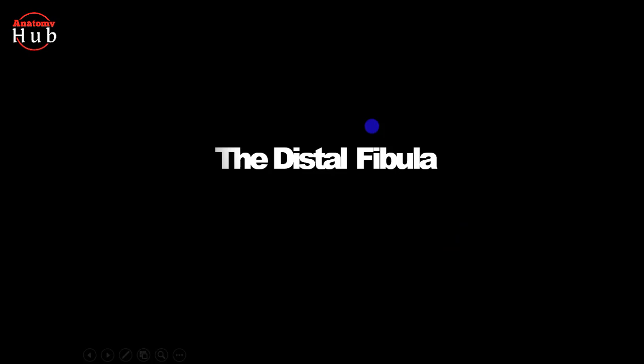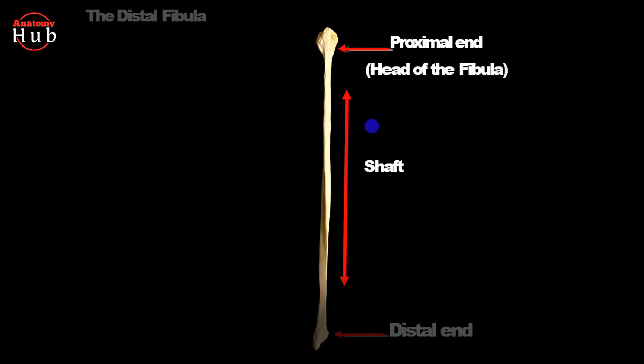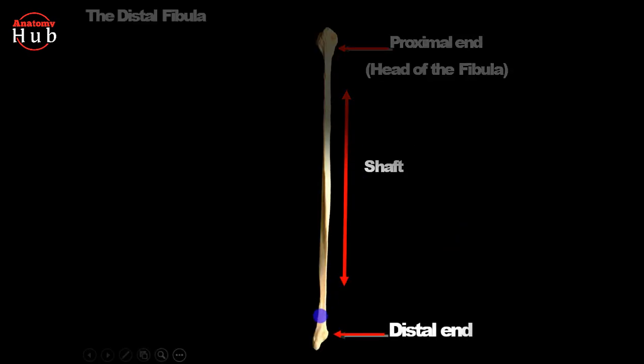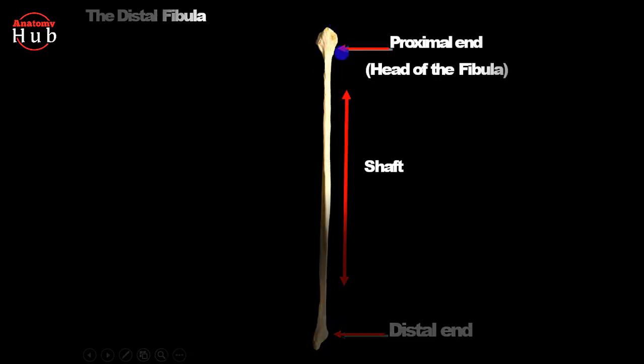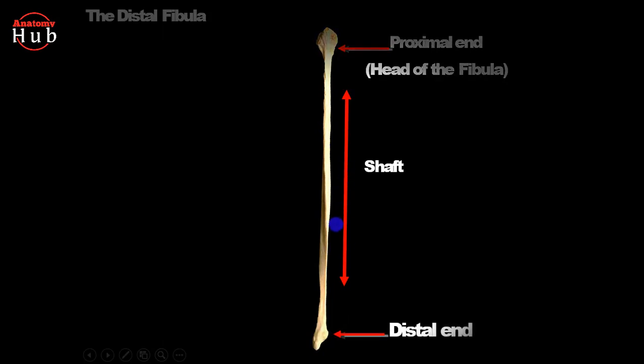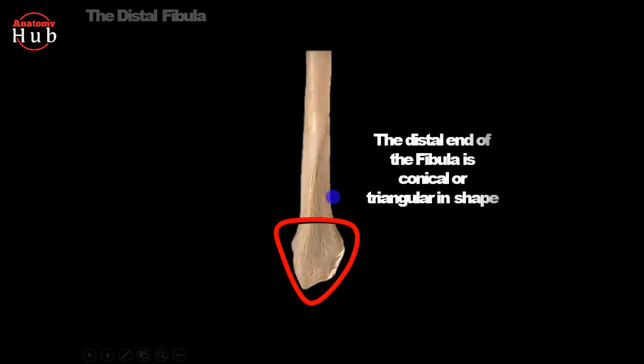Now we will see the distal fibula. As you can see here, this portion is the distal fibula. This one is your proximal fibula, and in between you will find the long slender shaft over here.